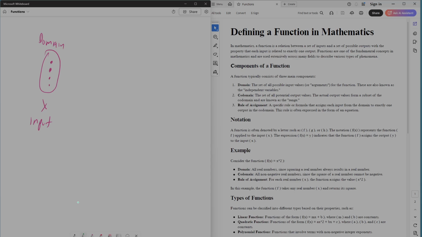And now let's draw that codomain, which will be your y, your output. This will be the set of all possible outputs, and the actual output values form a subset of the codomain and are known as the range.